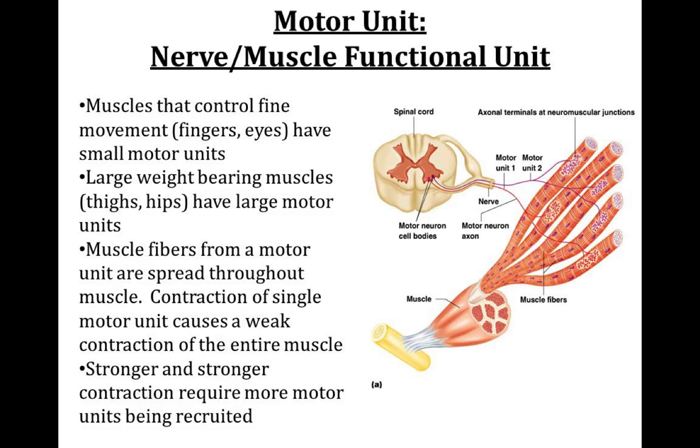So what if you try to pick up that thing on the desk and you go, oh my gosh, it's too heavy, I can't pick it up? Your brain is going to recalculate and say, I need more motor units to pick that thing up. And sure enough, next time it fires, it's going to have more motor units firing, so more muscle fibers will contract.